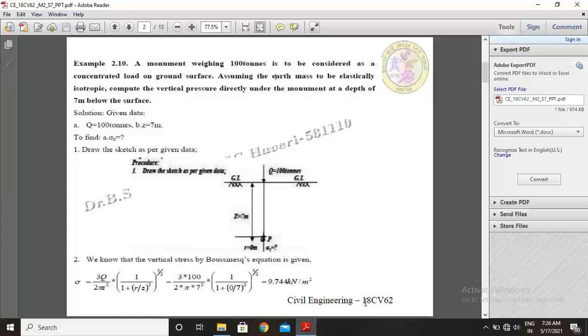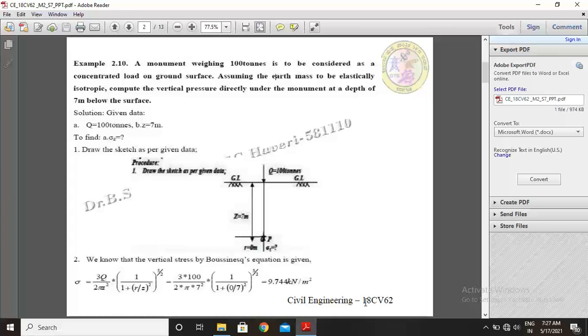So let us see the 10th problem. A monument weighing 100 tons is to be considered as a concentrated load on ground surface. Assuming the earth mass to be elastically isotropic, compute the vertical pressure directly under the monument at a depth of 7 meter below the surface.